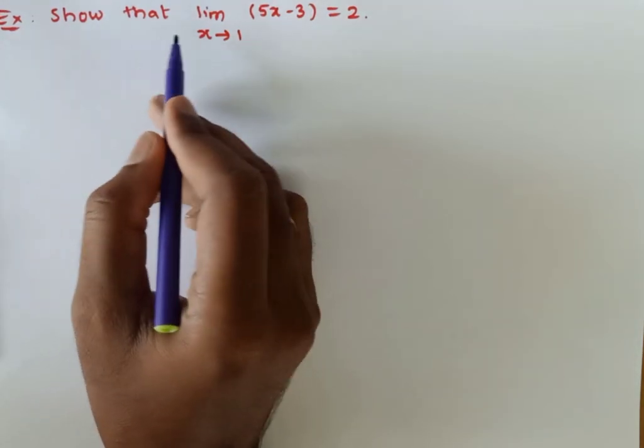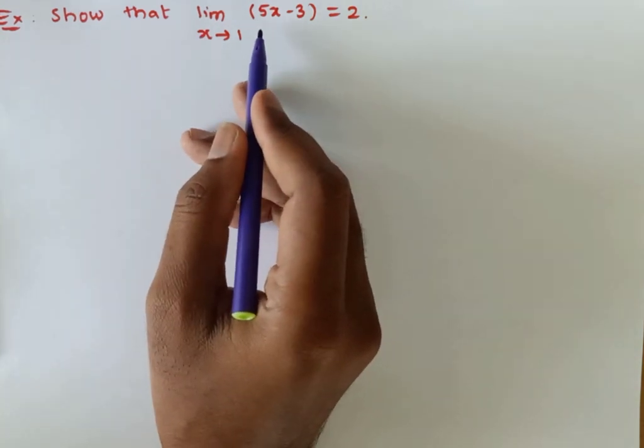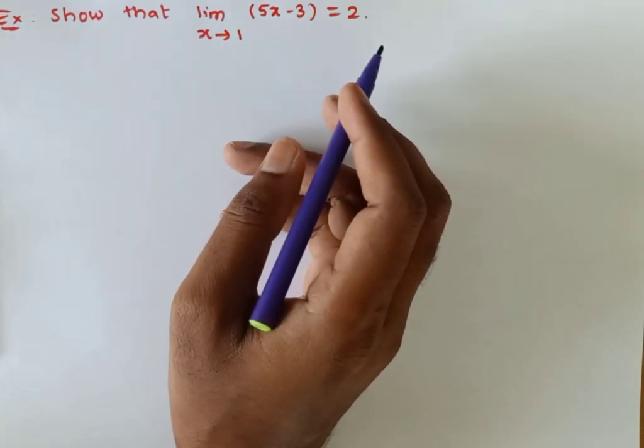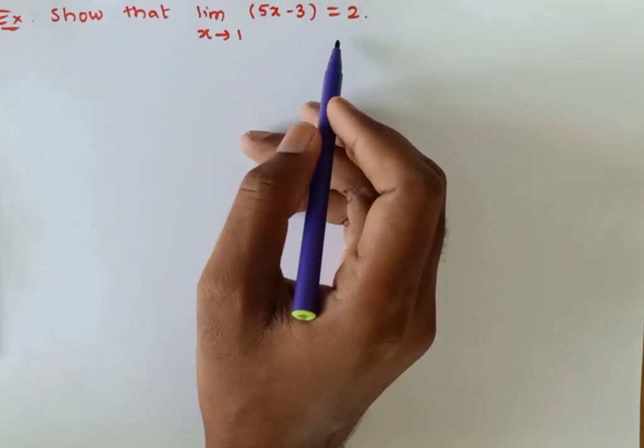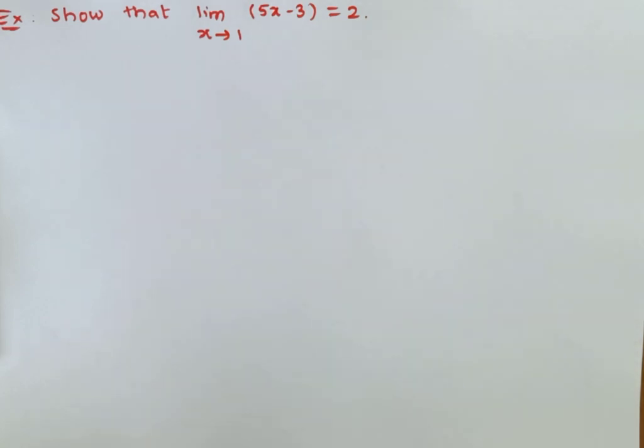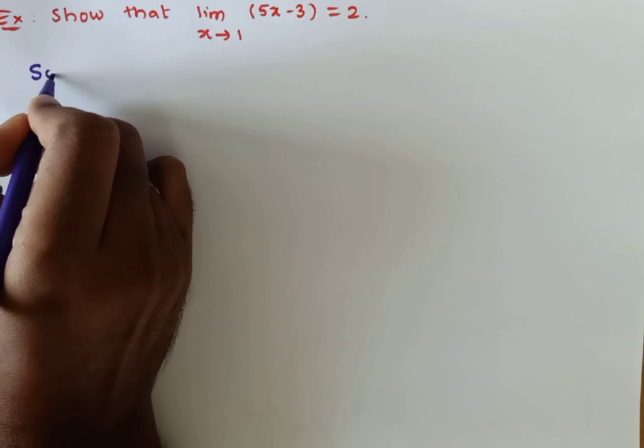Show that the limit as x tends to 1 of 5x minus 3 is equal to 2. Now we need to show the limit of this function is equal to 2 using the formal definition. See the solution.